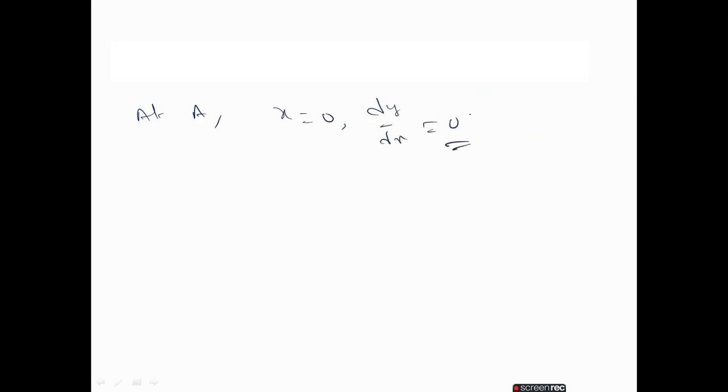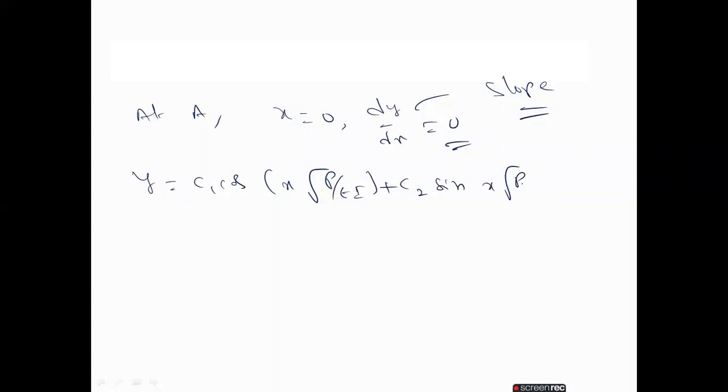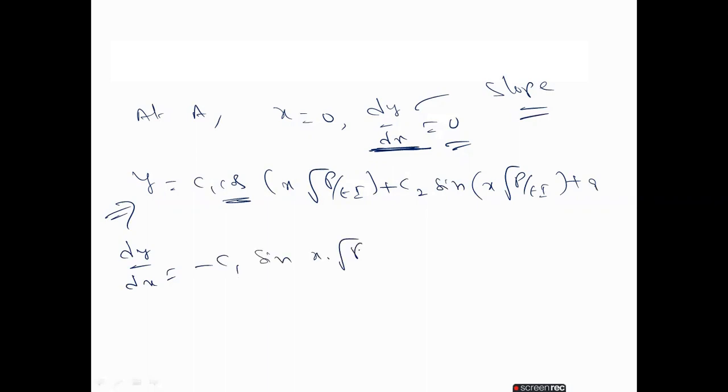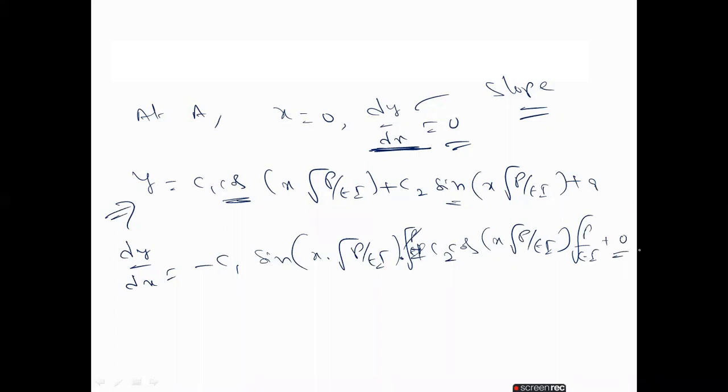Differentiating y = c1 cos(x√(P/EI)) + c2 sin(x√(P/EI)) + a: when you differentiate cos, it changes to minus sin, and for sin it becomes cos, each multiplied again by √(P/EI), plus 0. This is the differential equation.